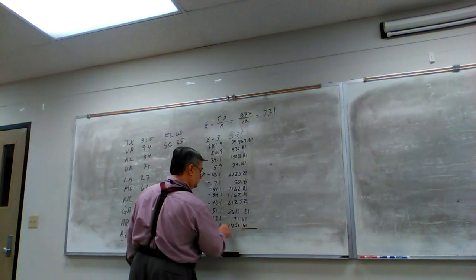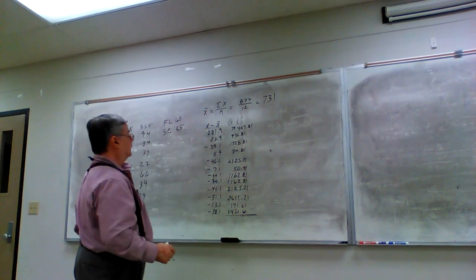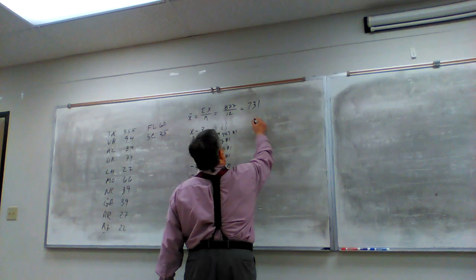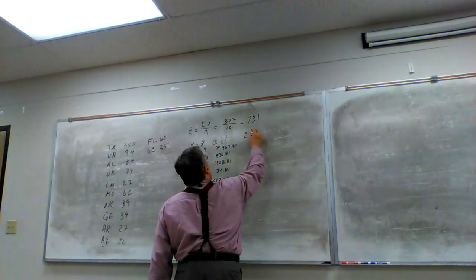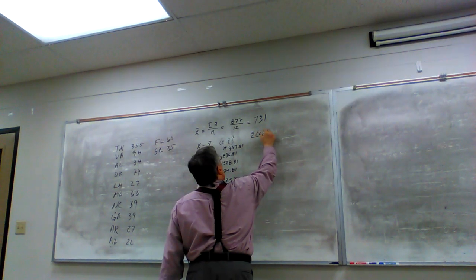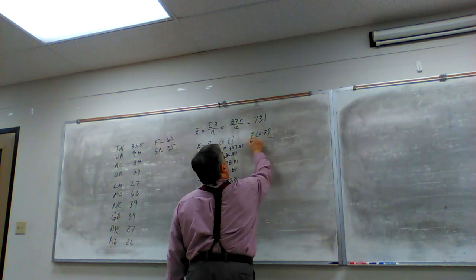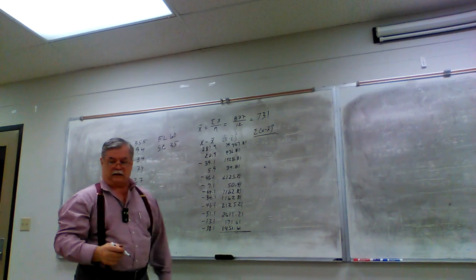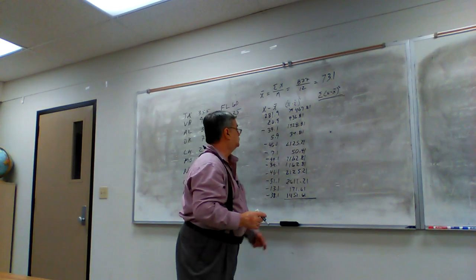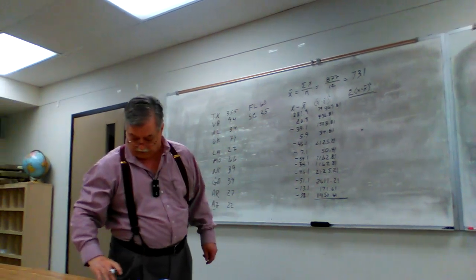Okay. Now let's take the sum of x minus x bar squared. And that gives us, we add all these together.